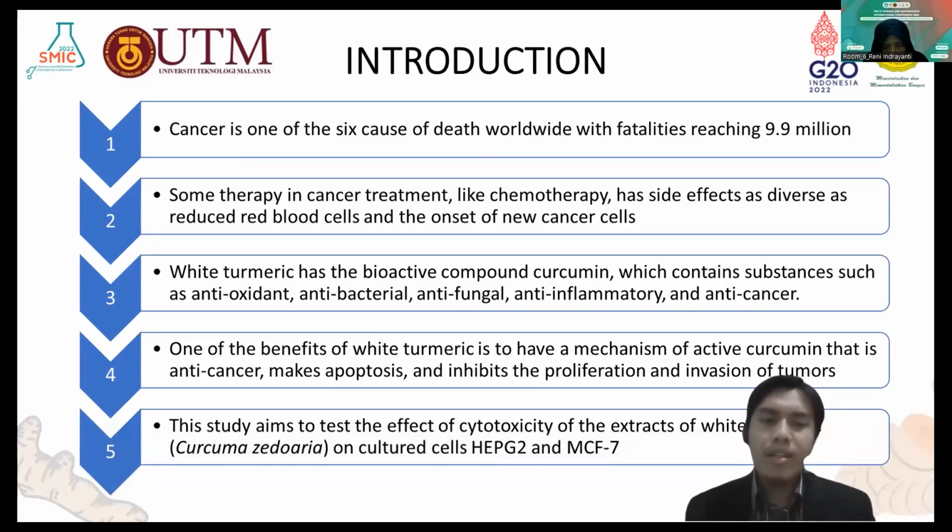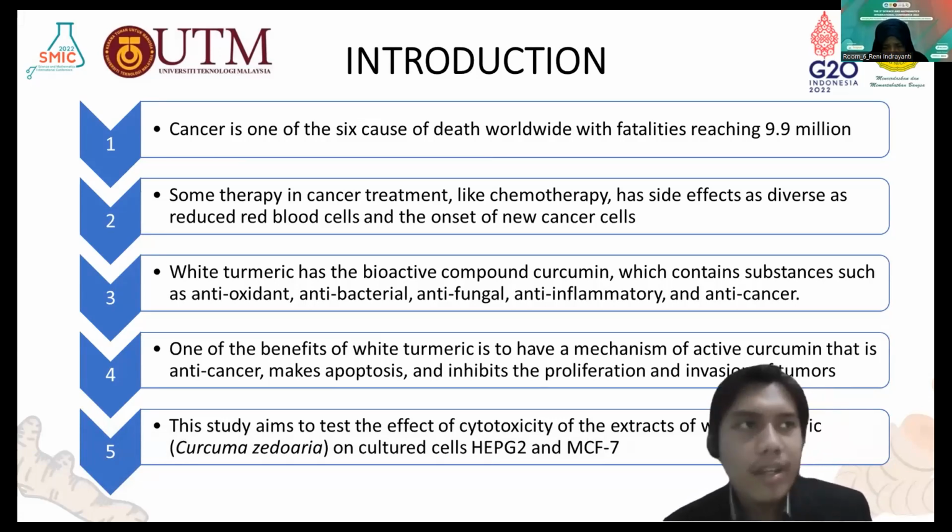So the study aims to test the cytotoxicity effect of the extract of white turmeric, or Curcuma zedoaria, in cultured cells, HEPG2 and MCF7, which are models of liver cancer and breast cancer.